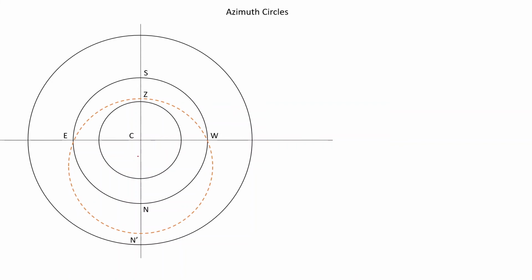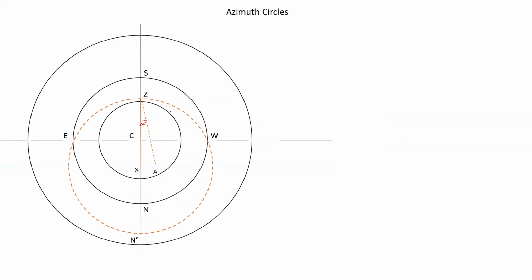First, mark the center X of the prime vertical on the meridian line and draw a perpendicular line to the meridian line passing through the center of prime vertical. Mark the point A at an angle alpha from the point Z on the horizontal line passing through the center of the prime vertical.